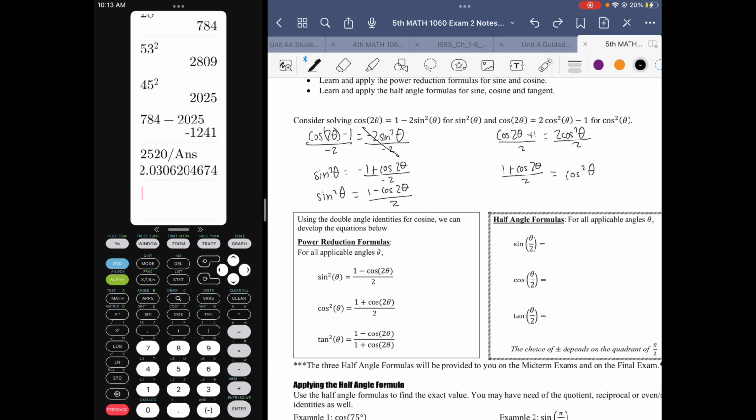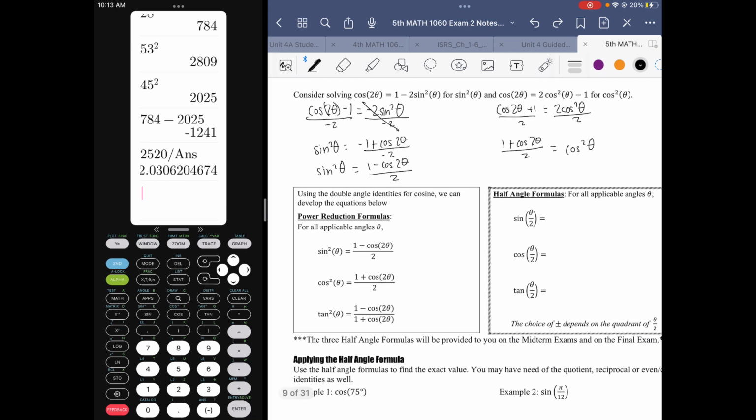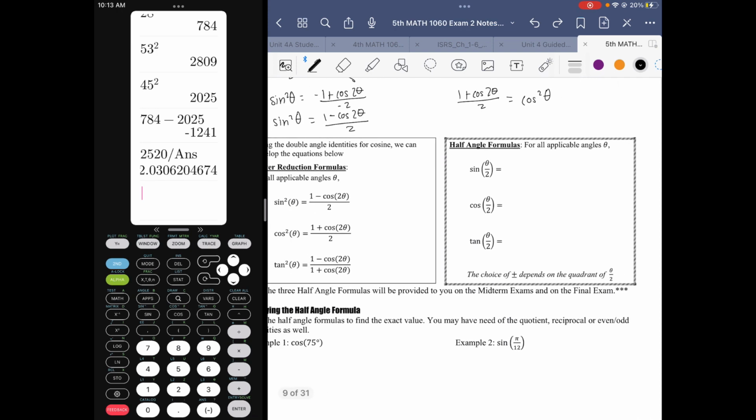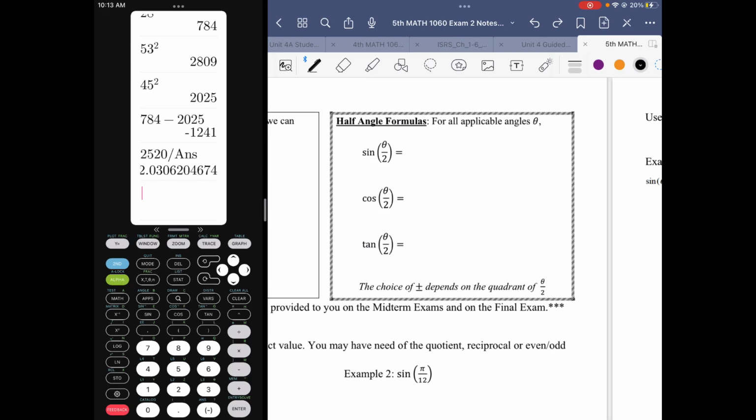Okay, and then tangent, you can figure that out by doing these two divided by each other. Okay, so those are called the power reduction formulas. They're very useful, so they're there. We also have what we call the half angle formulas, and I don't really want to get into how we prove that, but you can, and you can YouTube it, you can figure it out.